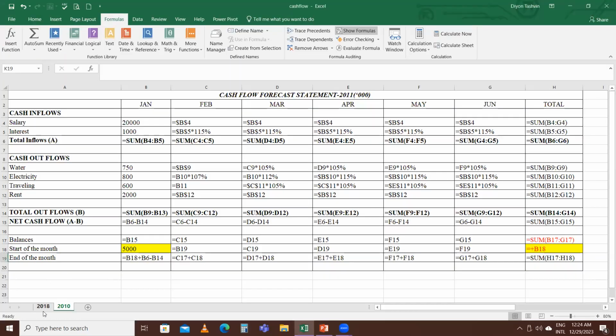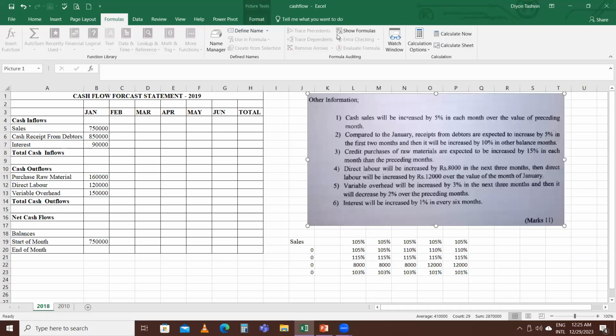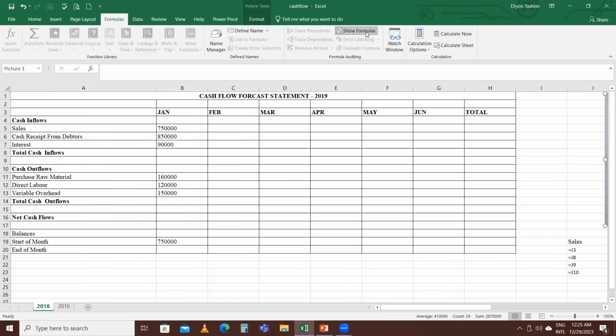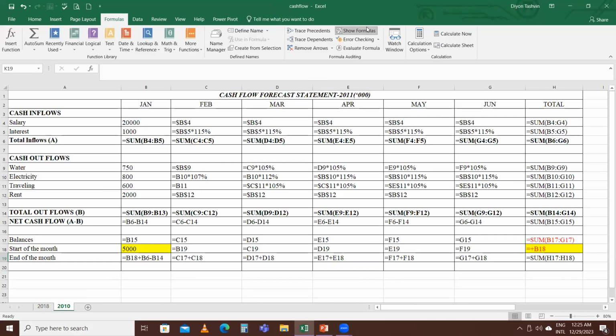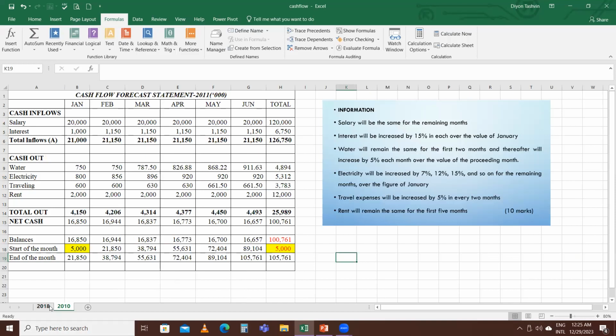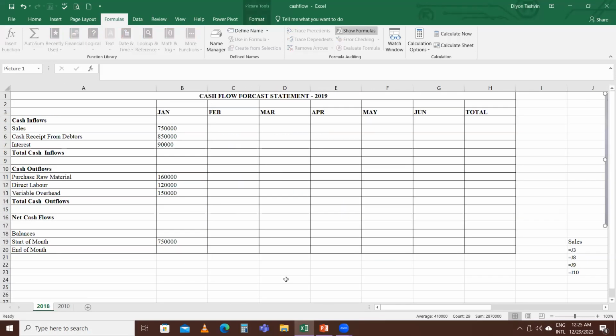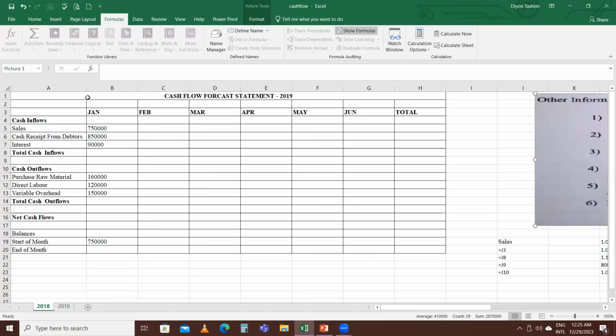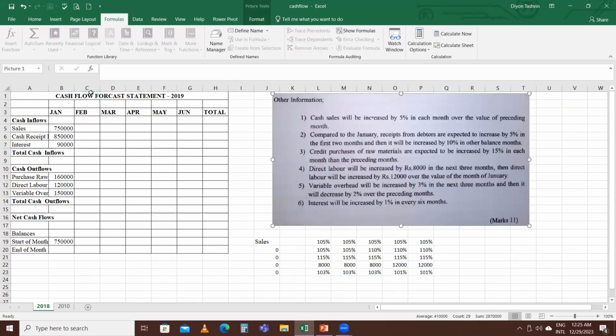So in the 2018 paper, these are the data you have.